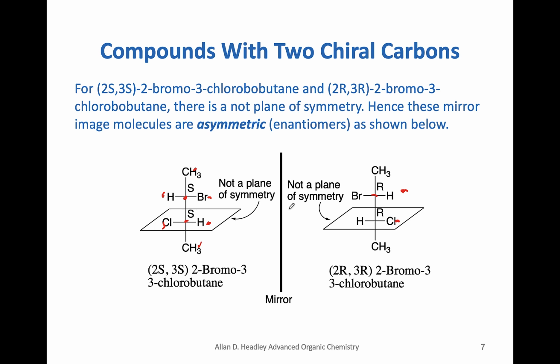They are mirror images of each other, and they are non-superimposable on each other. As we said last lecture, it's important to determine enantiomers because of the different activities of enantiomers in the biological system.